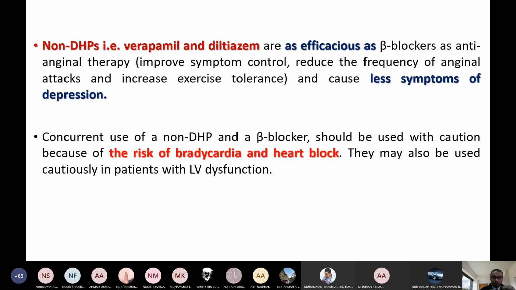And compared to beta blocker, it can give the same symptomatic relief, but with less depression. Depression is one of the side effects of beta blocker. So it seems to be of relative advantage in clinical use. But we have to understand that usually, if you have non-dihydropyridine and beta blocker together, the risk of bradycardia is much more.